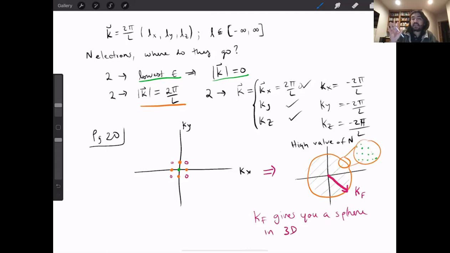It gives you a sphere in 3D. All of the electrons that are occupied are inside of the sphere. All of the energy levels that are unoccupied are outside of the sphere. If you're in a two-dimensional system, it will give you this circle, right? But the main thing is that this is what we call the Fermi sphere.